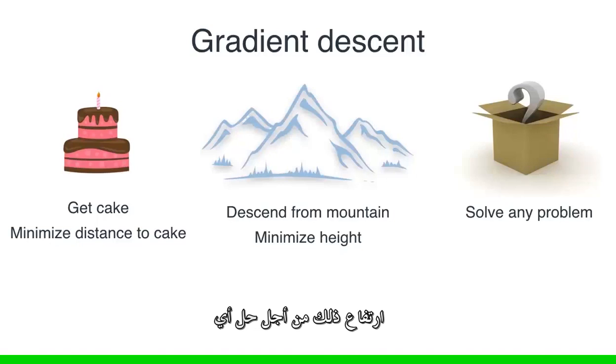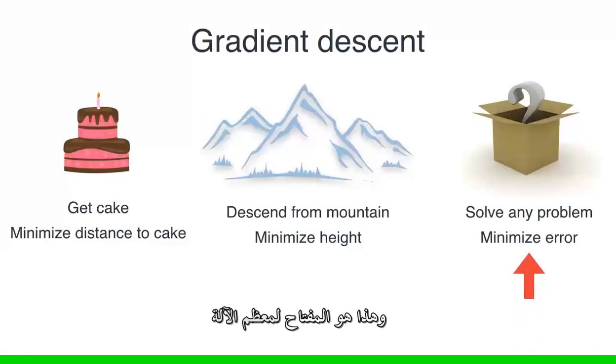So in order to solve any machine learning problem, what we want to do is find a metric that tells us how far we are from the solution, just like how far we're from the cake or how far we are from the floor. We want to define the error, and we want to minimize the error. And that's the key of most machine learning problems. You take your problem, you define the error, and you minimize it using gradient descent.